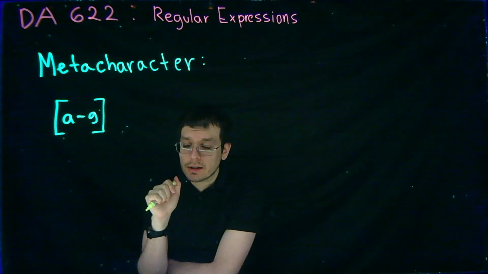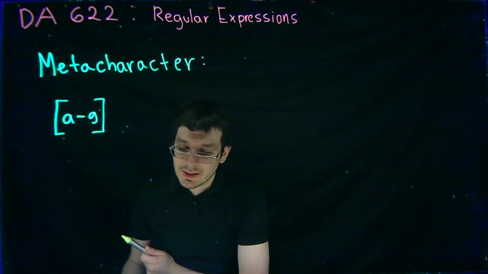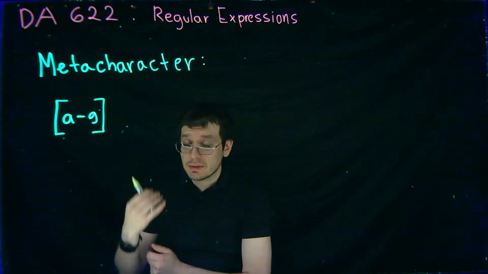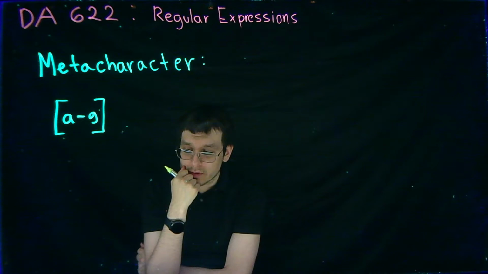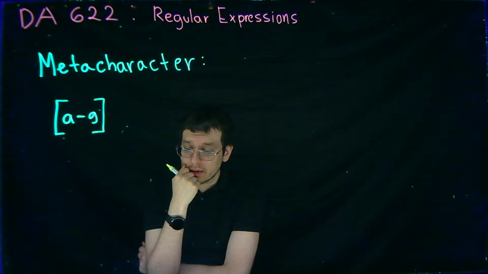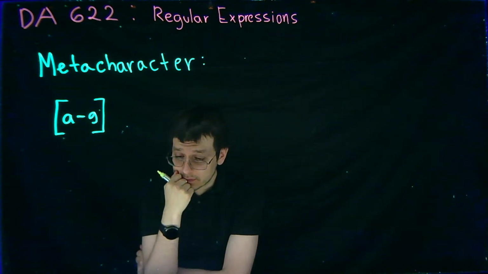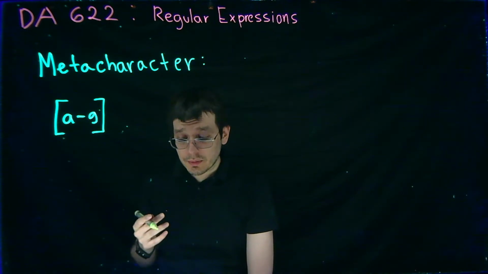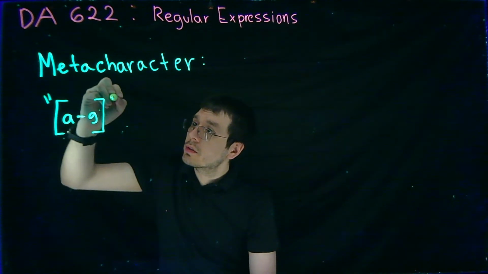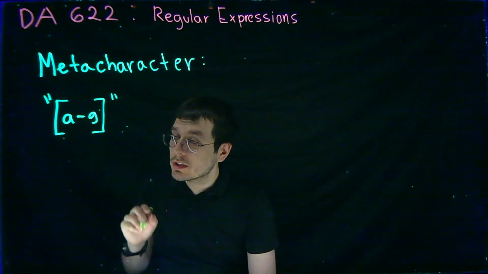Now it's not going to do you a lot of good because that's like a third of the alphabet, so that's quite a bit, and you probably don't want that much. However, you're going to do this in combination with other things. But that's the first one, so that's your set of characters.